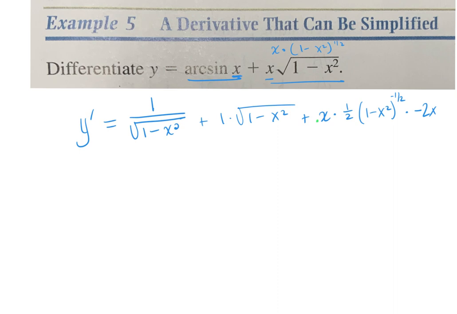Okay, if I simplify this guy, here's what I'm going to do. I'm actually going to put these beside each other so you can see that they will combine. So I have 1 over the square root of 1 minus x squared. Over here, let's see what simplifies. Well, my 1/2 and 2 will cancel out, right?